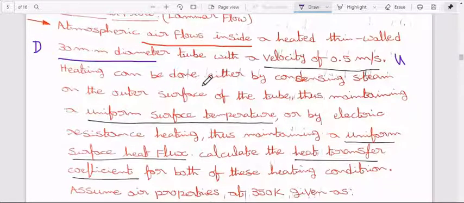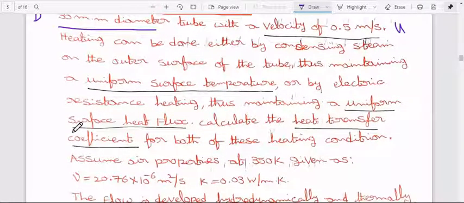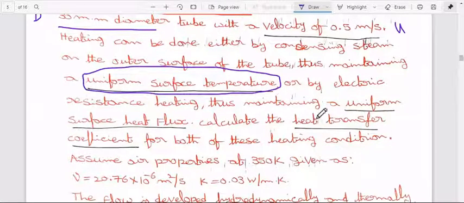The heating can be done either by condensing steam on the outer surface of the tube, thus maintaining a uniform surface temperature, or by electric resistance heating, thus maintaining a uniform surface heat flux.